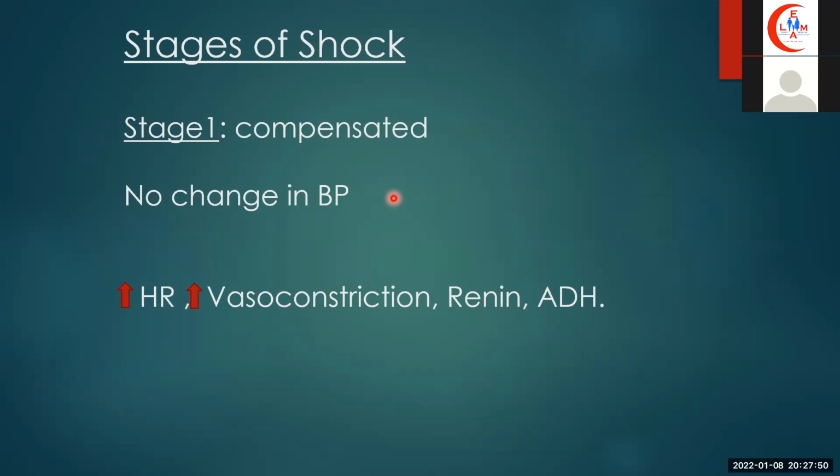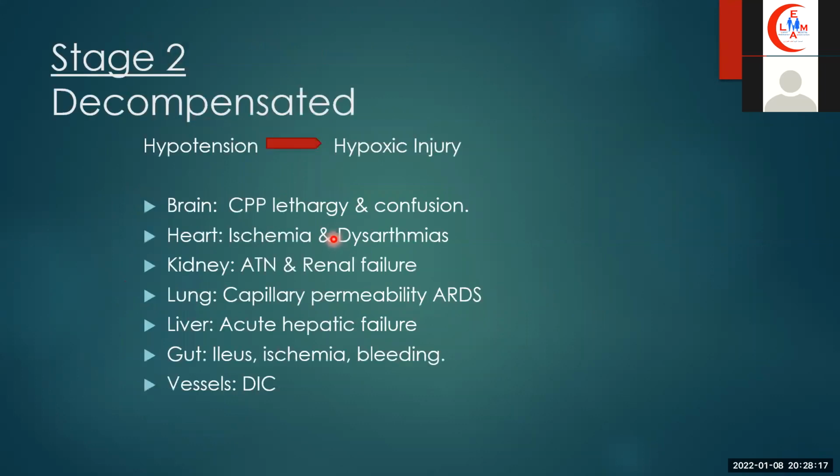So if the patient comes with tachycardia and cold, clammy skin, and the blood pressure is normal, we should think about this patient. He might go into a state of shock if we don't recognize it early, and if we don't act as quickly as possible. So if we don't recognize it, or if the patient comes late, he will go into another stage, which is the decompensated shock.